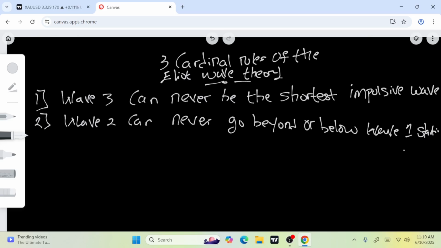Wave 1 starting point. Is this clear enough? Very clear.